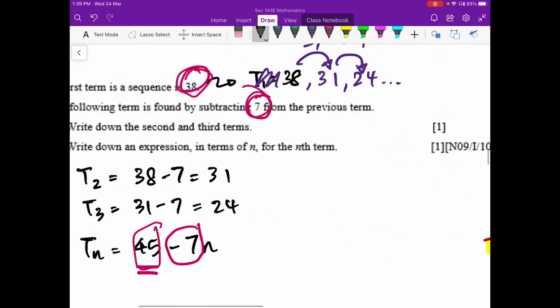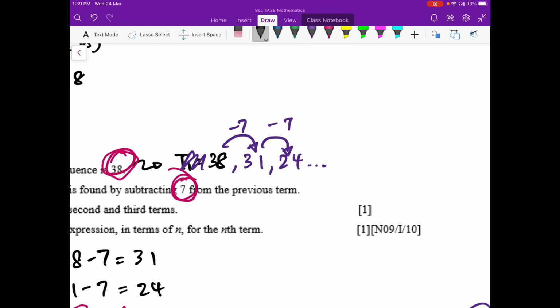Now, the number sequence looks like this. 38, 31, 24. So, if I go the other way around, I want to find my T0. This is T1, T2, T3. I want T0. I have to add 7, and add 7 to give me 45. And that's how the 45 appeared.